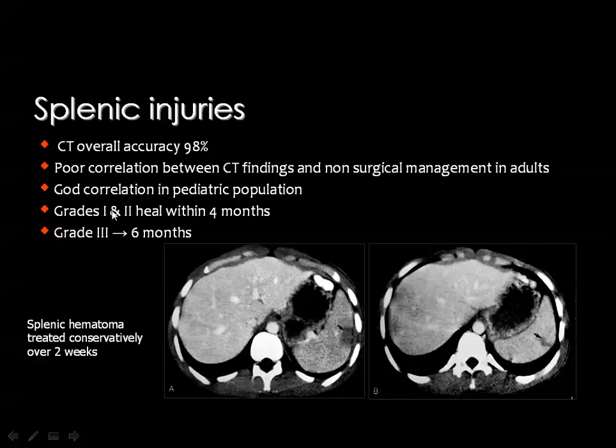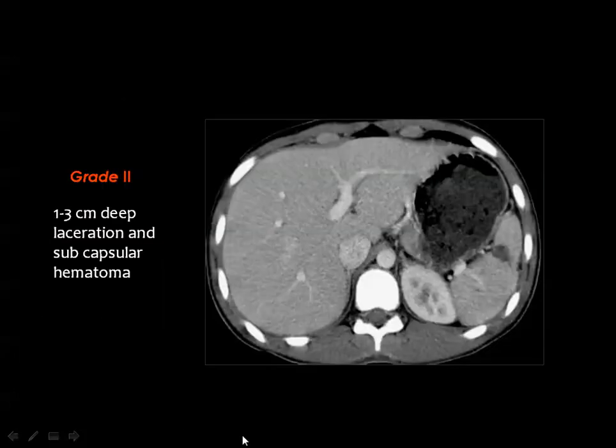Grade 1 and grade 2 splenic injuries are expected to heal within 4 months, and grade 3 will heal in about 6 months, and of course grade 4 is an indication for splenectomy. And this is a grade 2 splenic laceration where the laceration is relatively deep.